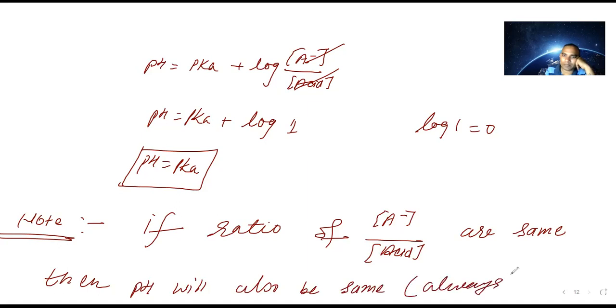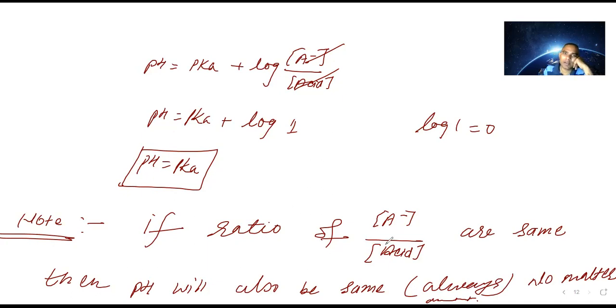Getting my point? No matter about the amount. So if the ratio of the salt and the acid are the same, then the pH will also be the same. Are you able to understand this point?